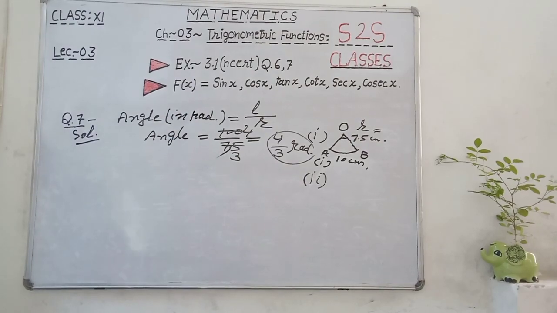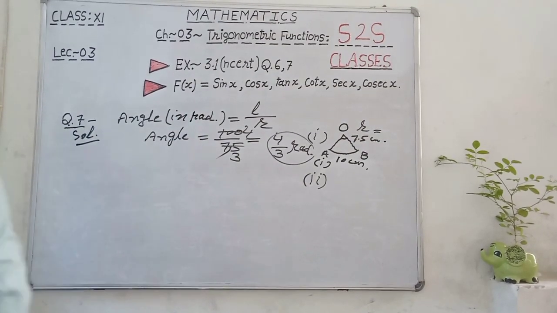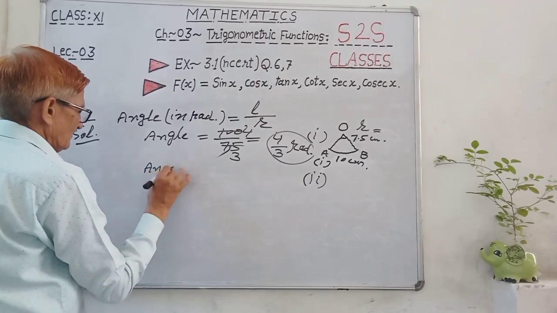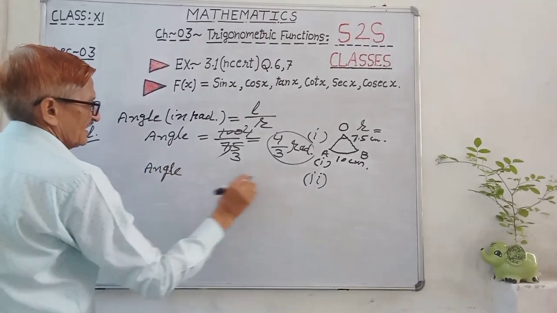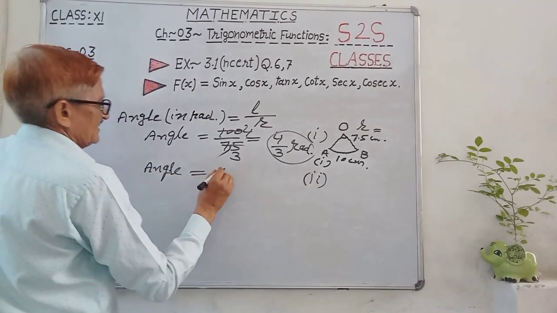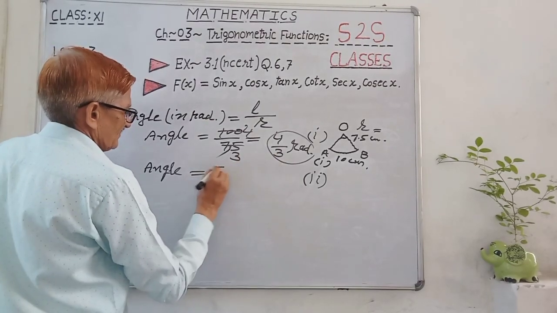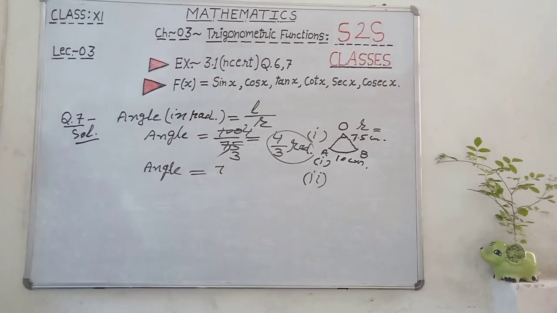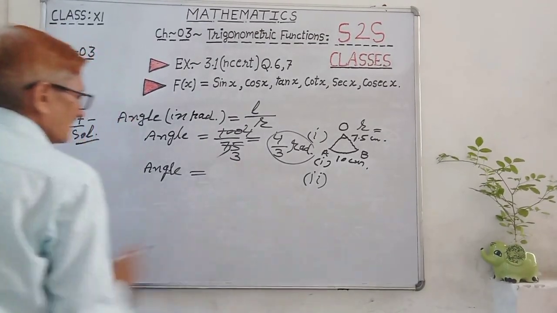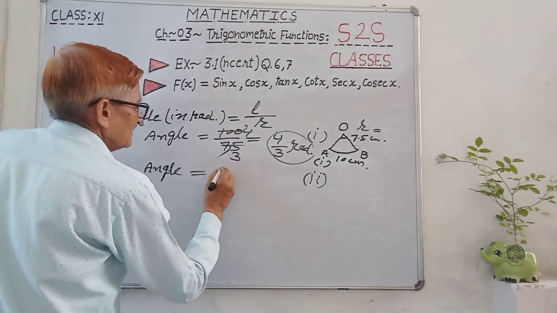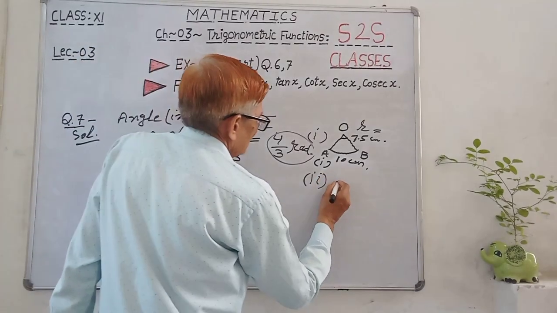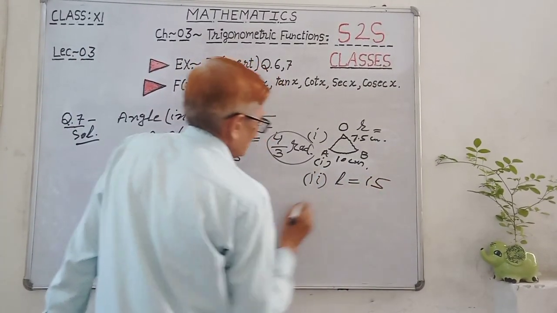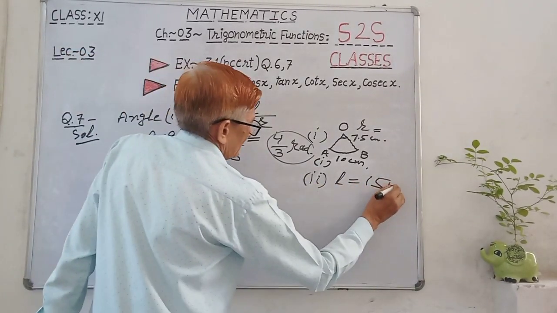Similarly you can do the second part. The second part is saying 15 centimeter. So the angle for the second part: the radius is the same, 7.5 centimeter, and the length of arc is 15 centimeter.